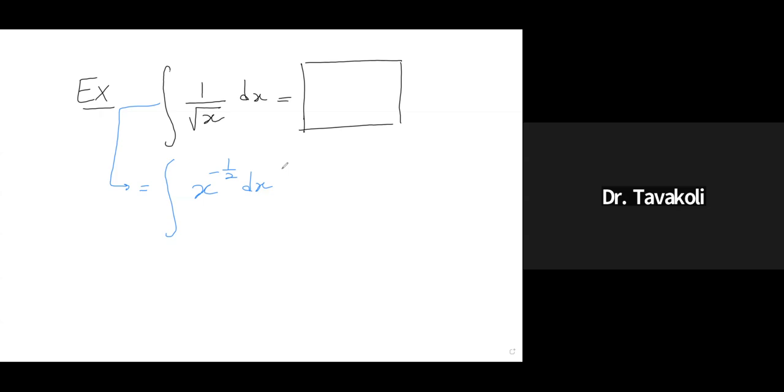Now I have x to some power, and that power is minus 1/2. Using the power rule, this is going to be x to the power of minus 1/2 plus 1, which is positive 1/2, divided by minus 1/2 plus 1, which is again positive 1/2, and then plus c.